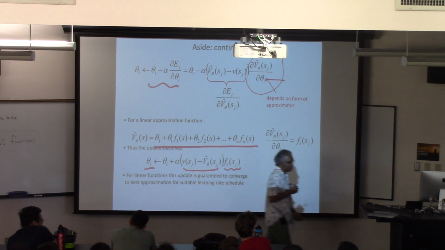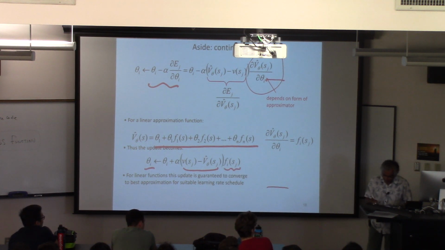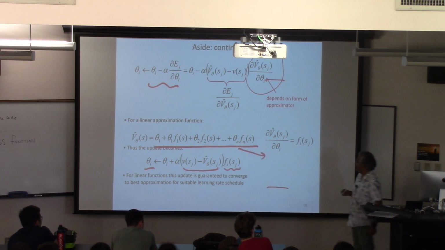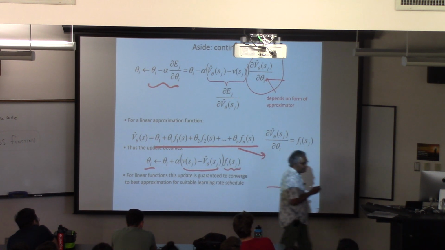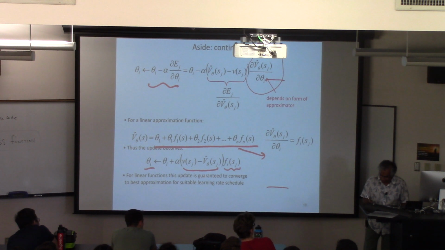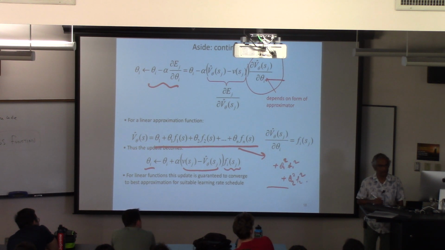Now, here is an interesting thing. Instead of doing this, if I considered not only these, but I also considered plus theta 1 times f1 square plus theta 2 times f2 square, etc. You see what I'm saying?